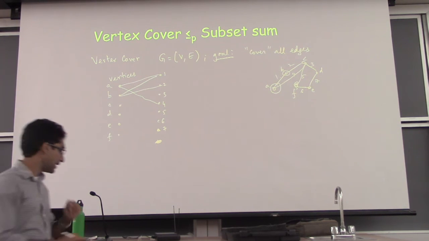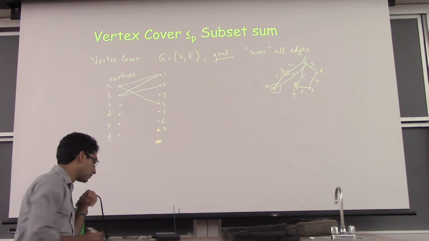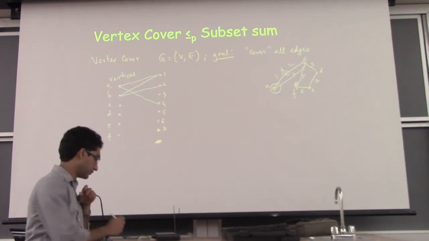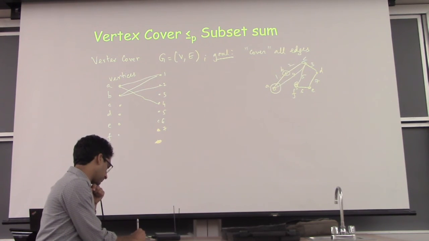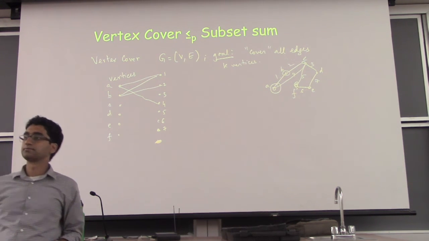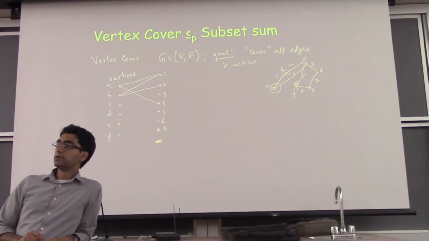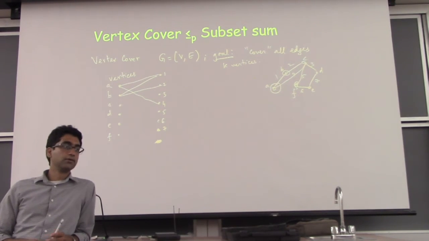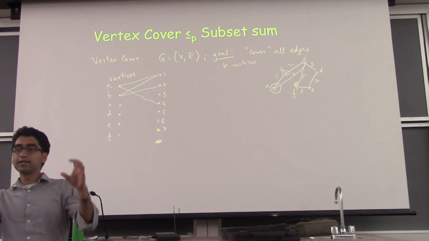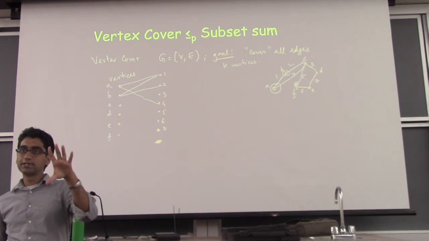And in this language, how can you phrase this problem of vertex cover? So I have edges on the right, vertices on the left, right?